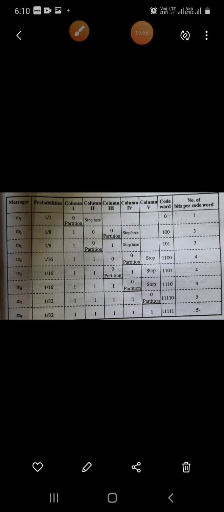For example, M8 has a probability of 1 by 32 and the code word has more bits to represent it, because we already discussed in our previous discussion that as the probability decreases, the number of bits in the encoded word will increase. So for M8 the probability is very low, that is 1 by 32, and the code word is longer, which is 5 bits to represent it.